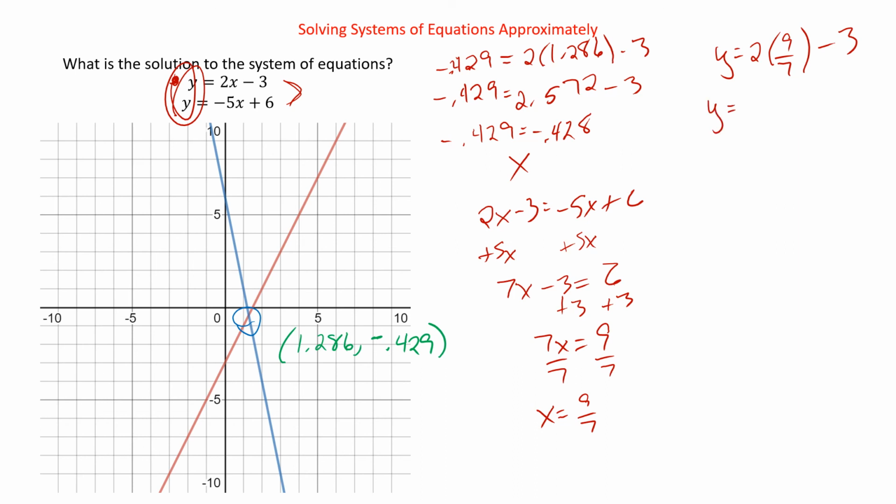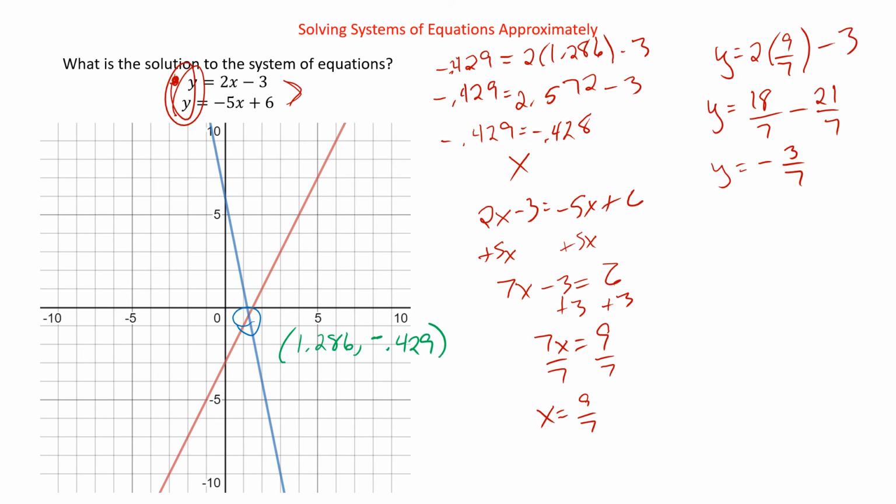So when we multiply 2 times 9/7, we just multiply the top to get 18/7 minus 3. Let's make that a common denominator. 3 is 21/7. 18/7 minus 21/7 is negative 3/7, which is going to be about negative 0.429.